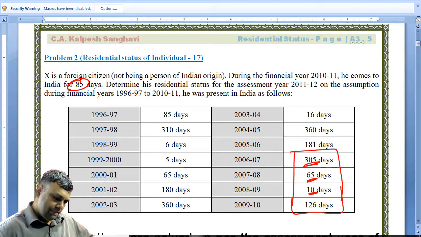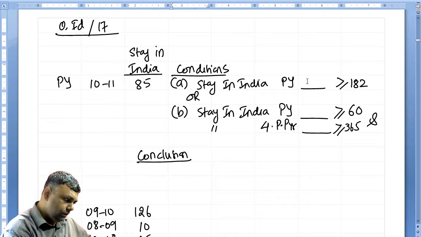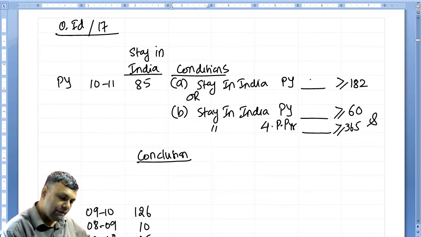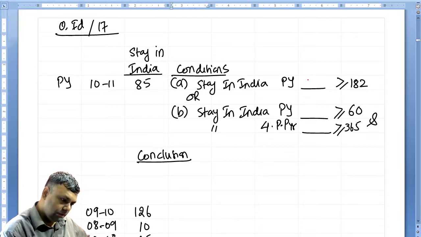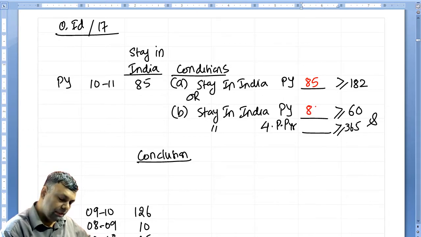Is that okay? Stay in India during the previous year. So, previous year is here itself 85. Let me change the ink color. Okay, so this is your 85.